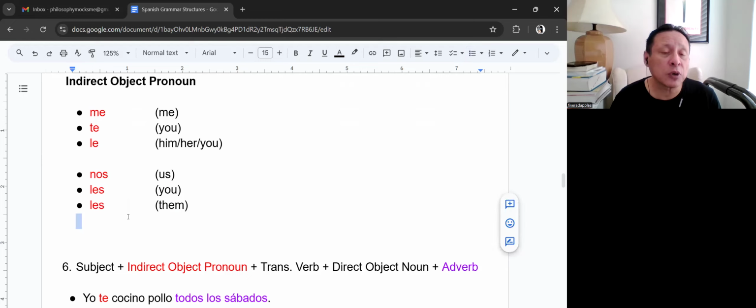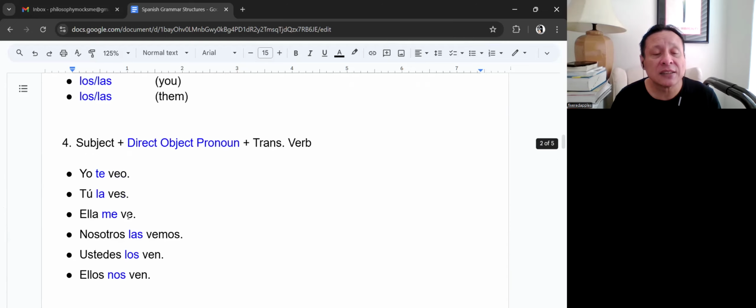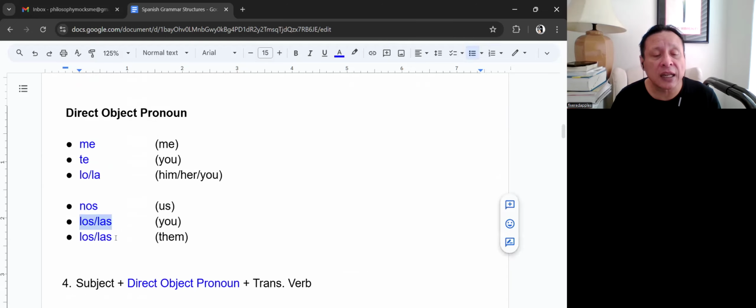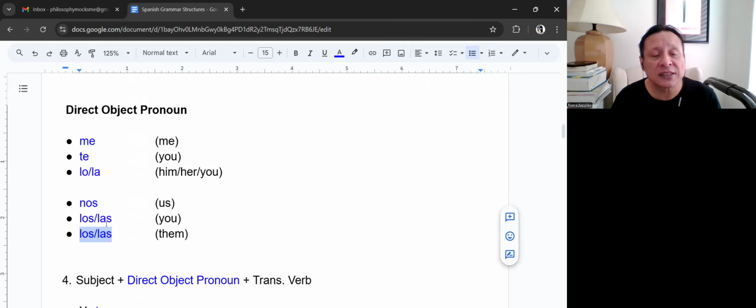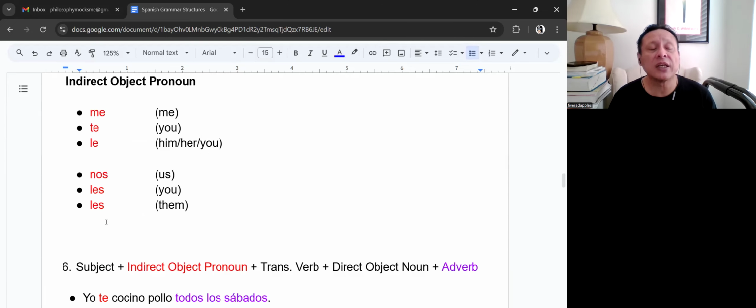Remember, the direct object pronoun was los and las, depending on the gender, los and las. But for the indirect, it's just les. Okay, so these are the indirect object pronouns. The me, the te, the nos are the same as the direct object.